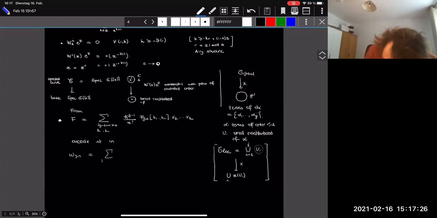And what you do is you just take these coefficients f g,n, k1,...,kn, and you replace formally x^k by d psi minus k, where this is a certain basis of meromorphic one forms I'm going to specify.